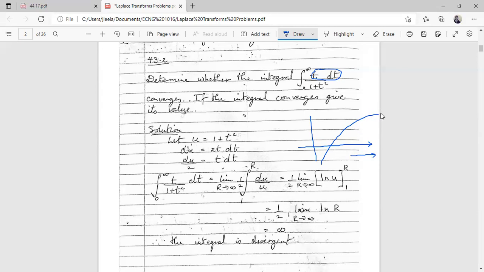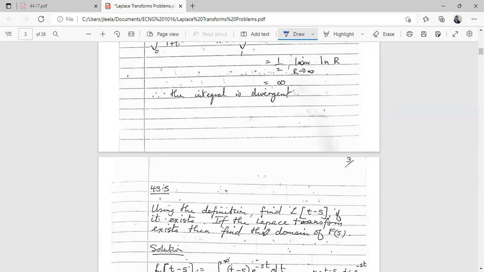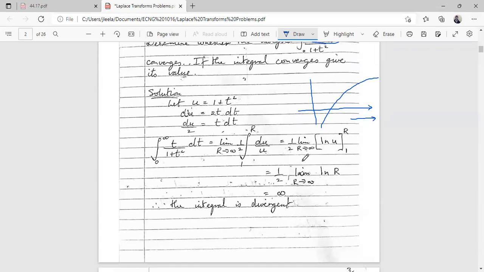The graph going higher and higher. So what would happen here is this ln infinity will be infinity. So therefore the integral is divergent. The ln graph is basically the log graph in base e, right?